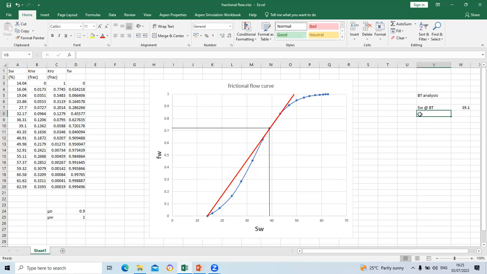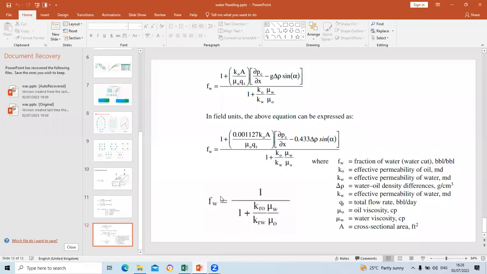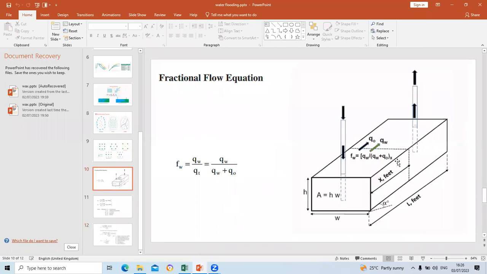And then we need now to also get the average, because if I go back to my PowerPoint, you have to realize that as time is going, you are doing more and more injection. The water saturation at this level will not be the same as the water saturation at this level, because as the water is going, it is pushing oil.